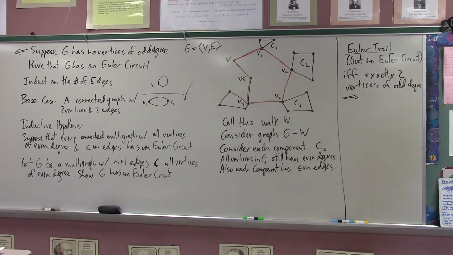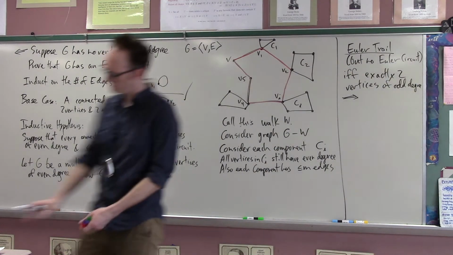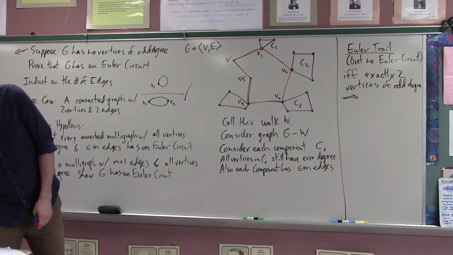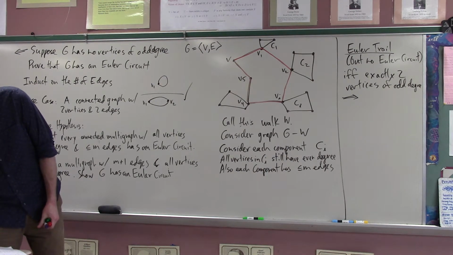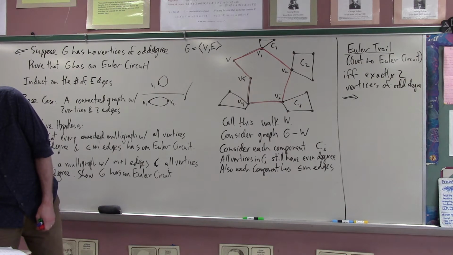Suppose first that there is an Euler trail but no Euler circuit. Why are there exactly two vertices of odd degree? No, I guess it's the other way is better. Suppose there are, what the hell?